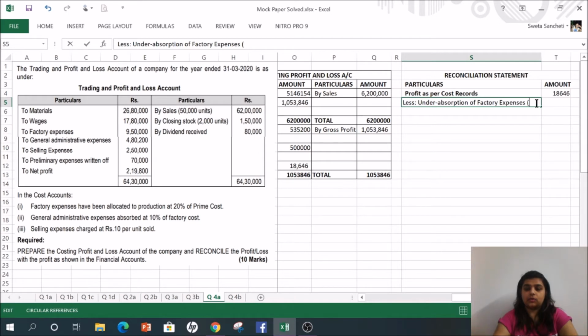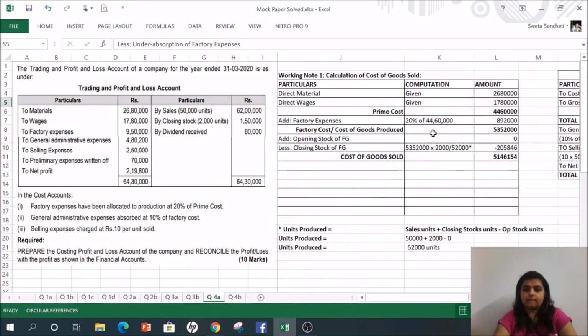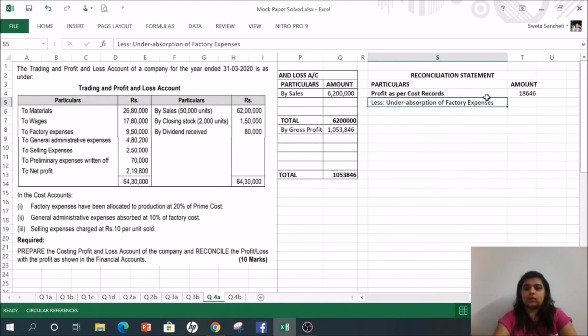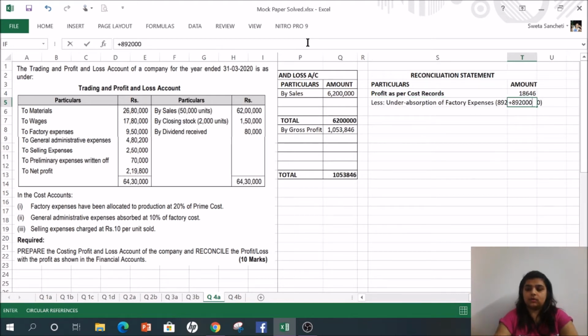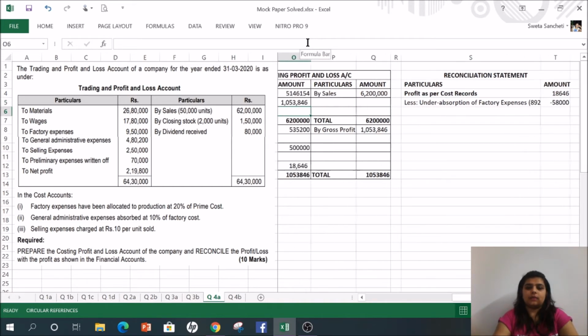That would be equal to 8,92,000 minus 9,50,000, that is 58,000.